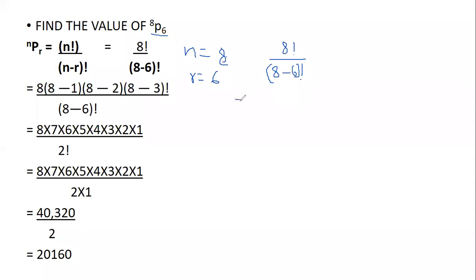8 factorial. We have to find out 8 factorial: 8 into 7 into 6 into 5 into 4 into 3 into 2 into 1. Correct. Now somebody quickly calculate the value and tell me.